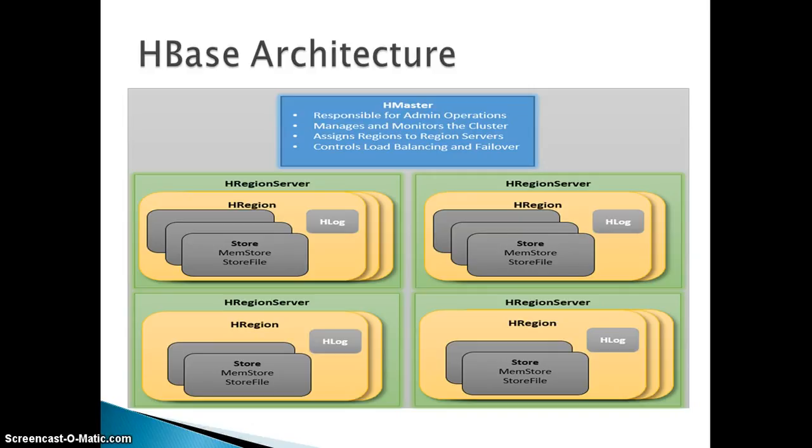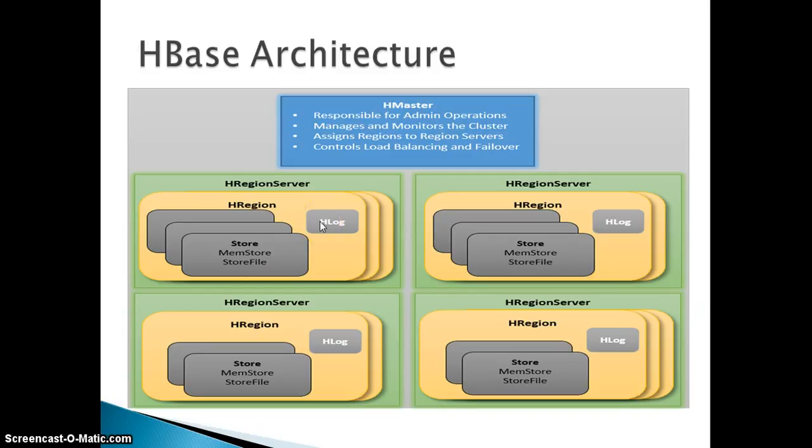So the HRegion server basically has three things. One is the HFile, where you actually store the data, which we call the store file, along with the memstore and the write ahead log, which we call the HLog.